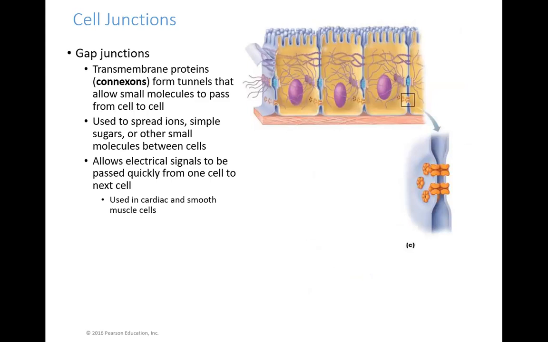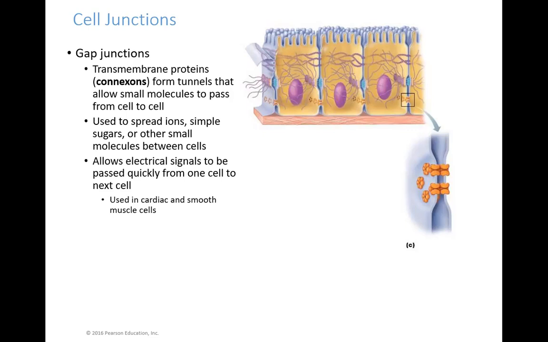In our heart, we use gap junctions to communicate because normally the way a cell works is an electrical signal comes to the top of the cell and has to work its way down into the cell and then go into the next cell and sort of hops along like that. But in the heart, by having these holes in the membrane, it just shoots right through here.